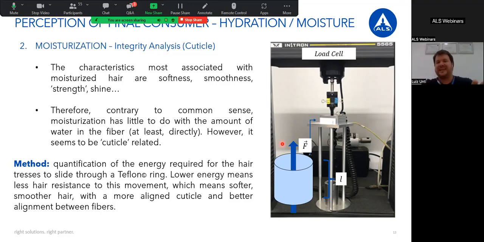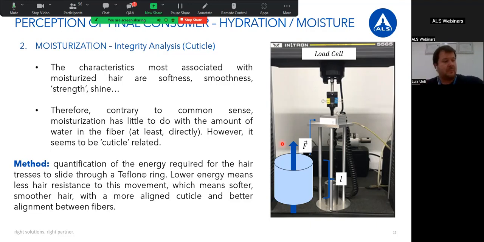Of course, we can combine this kind of analysis with SEM to show the state of the cuticle after the treatment or after a process like bleaching. So we can combine different methods to provide better support for those kinds of claims.